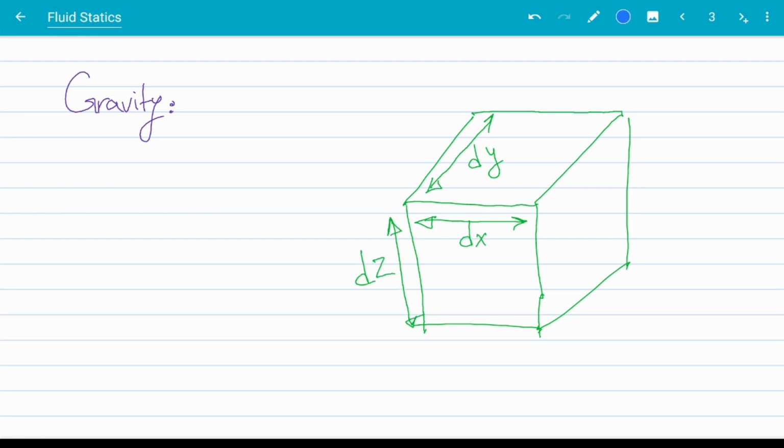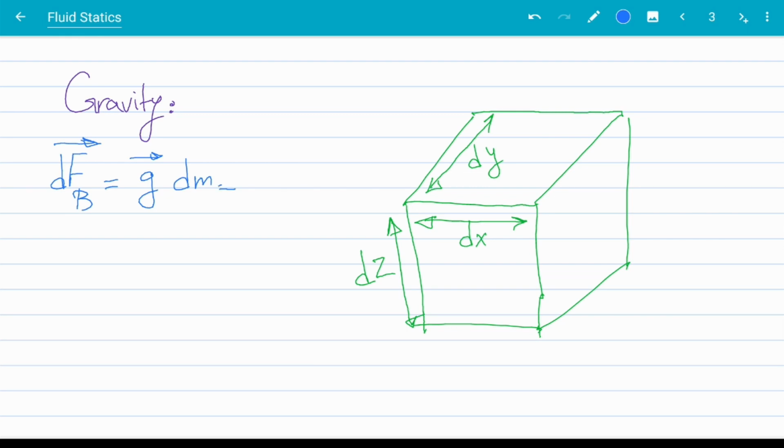So I can say the body force due to gravity, which I'm going to show with dF_b, meaning that it's a body force, is gravitational acceleration times the mass of this fluid element, right? Now, we know, generally speaking, force is a vector, and g, gravitational acceleration, is a vector. So dF_b as a vector is g as a vector times dm.